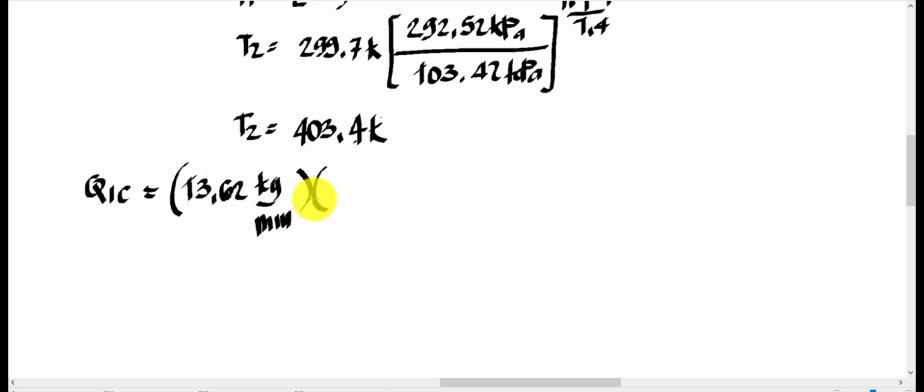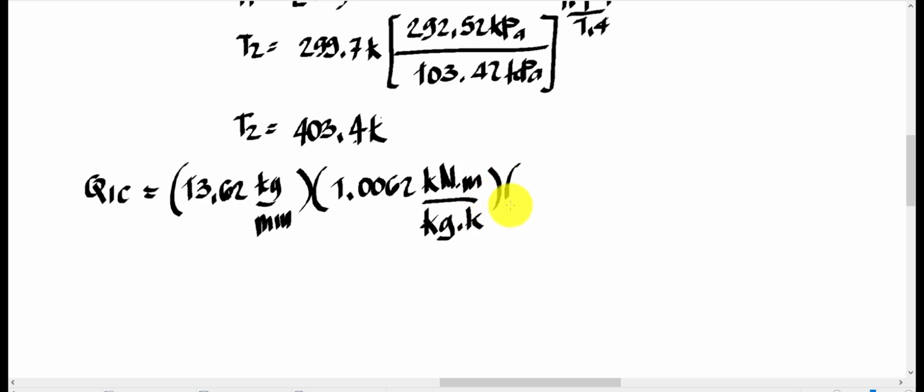Okay, so I'm going to multiply that by our Cp of air, that would be 1.0062 kilonewton meter per kilogram Kelvin. Then multiply the change in temperature.